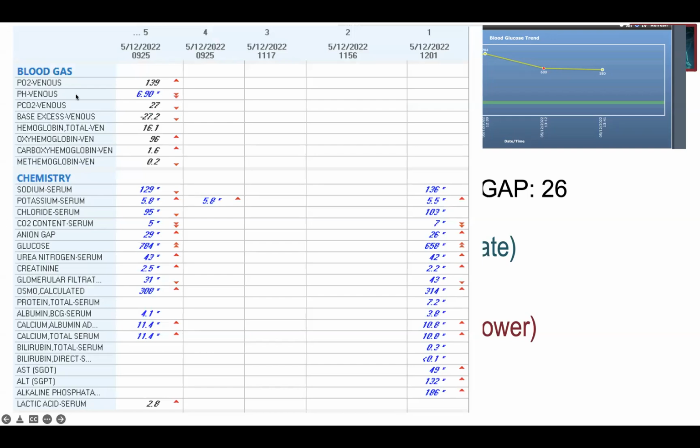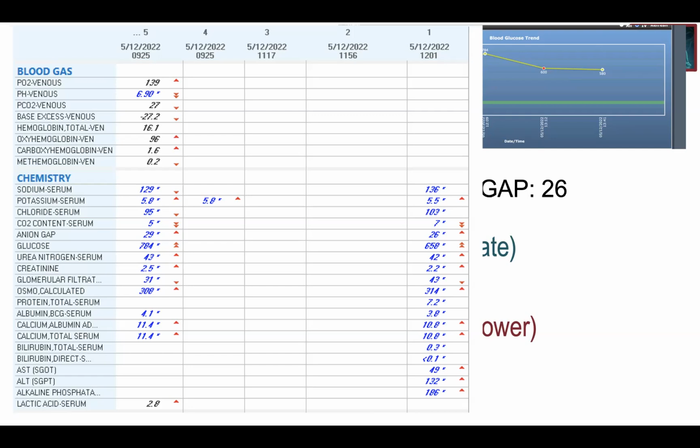So here's his first set of labs. Okay, 9:25. This is a venous blood gas, but remember, in a venous blood gas, your pH is normally around 7.32 to 7.42. So your patient is profoundly acidotic. Check one for DKA.